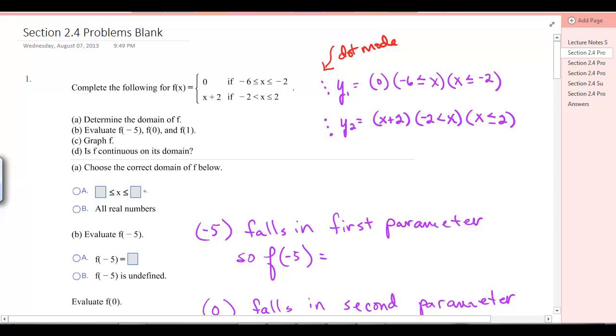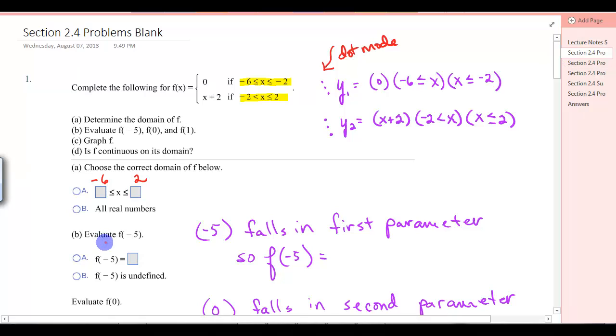Well, you look at your parameters right here. So what's the far left on the x that we have? -6. And the far right that we have is +2. So our domain would exist from -6 to +2. All right? So that's that first part.